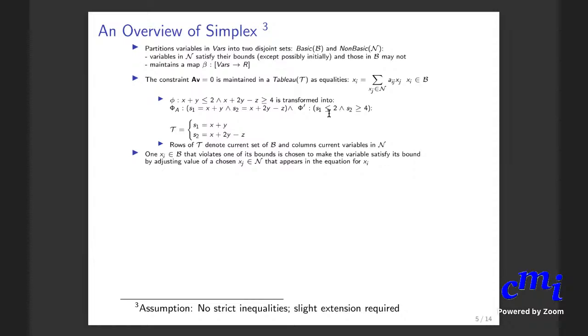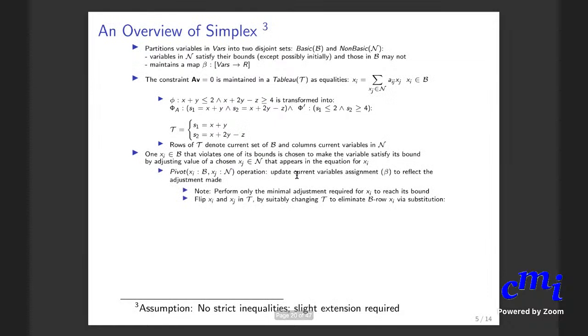You pick one of those variables that violates its lower or upper bound constraint, and the aim is to make that variable satisfy its bound by adjusting another variable that you choose from the non-basic set, by choosing one that appears in the equation that defines the basic variable. And that is called the pivot operation.